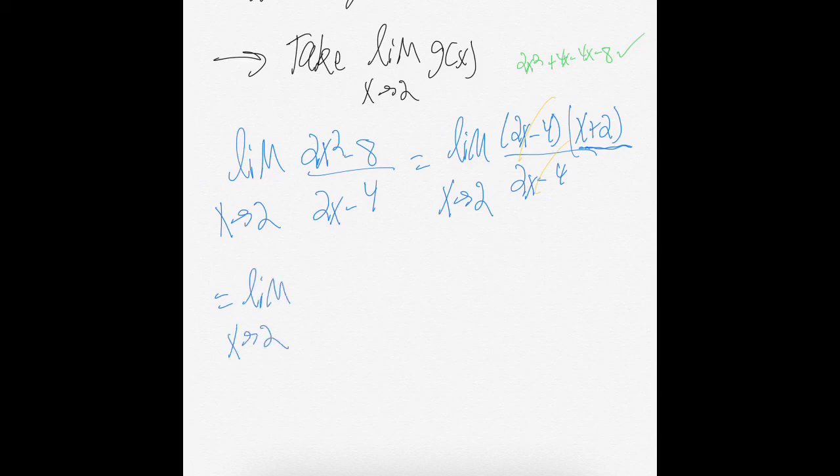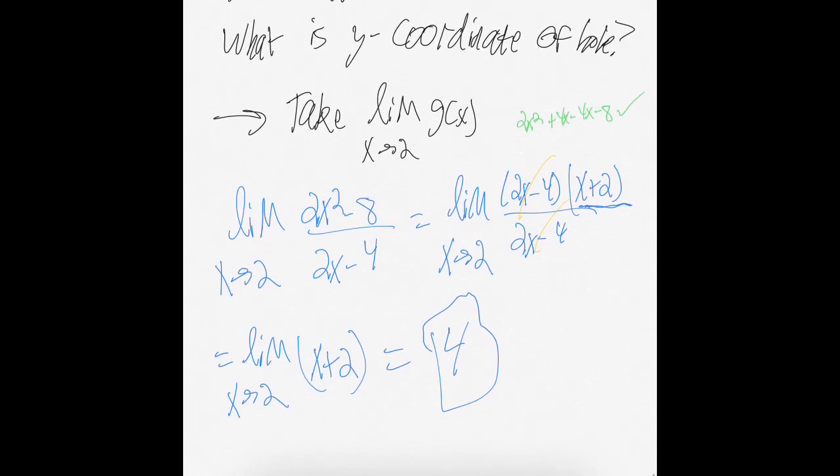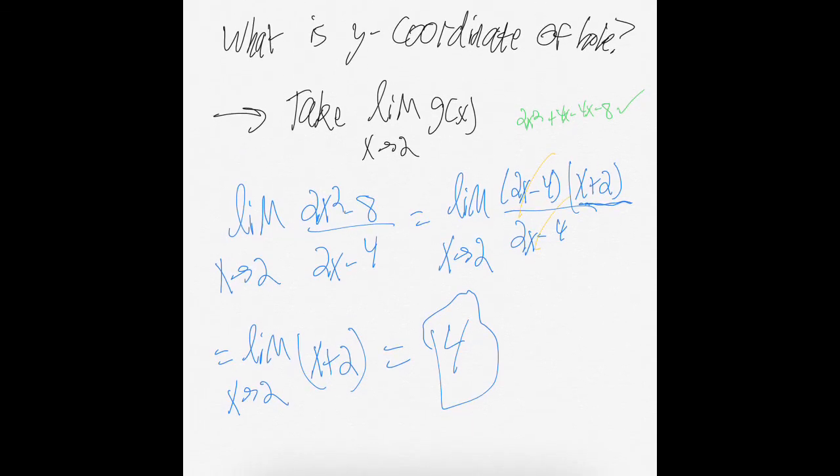And I am left with the limit as x approaches 2 of x plus 2. And that is just 4, which we get simply by plugging in x equals 2. And that is what we wanted, right? We wanted to find the limit of g of x as x approaches 2.